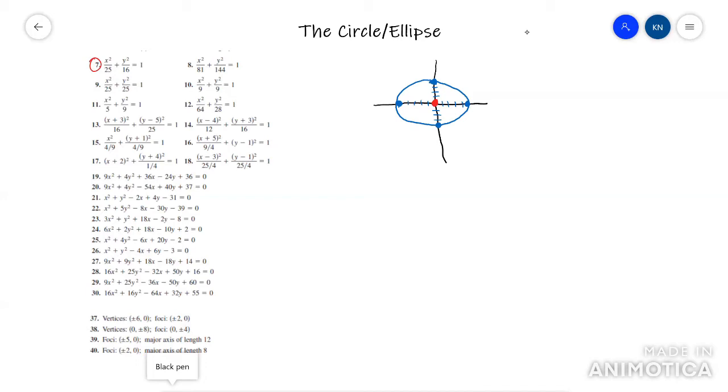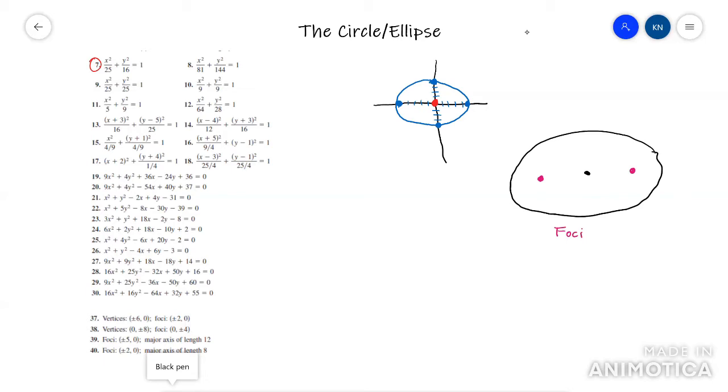So once you're there, there's a couple things you need to find. Every ellipse, whether it's vertical or horizontal, has a center. And then it has 2 dots here that are called foci.